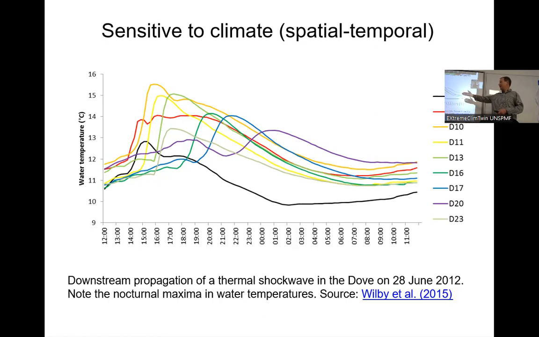And obviously that's going to have an impact on the fish and the insects and everything else in the river. With climate change, we might expect more frequent summer downpours and more frequent thermal shock waves. And so that raises the question, what impact might this have on the freshwater ecosystem?